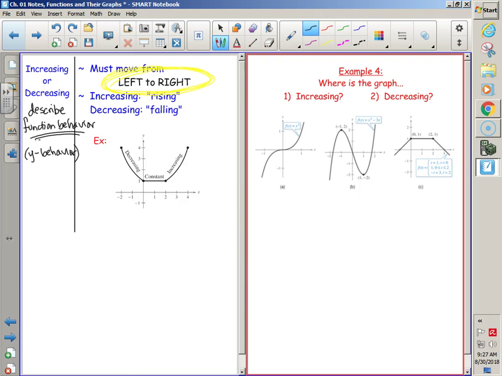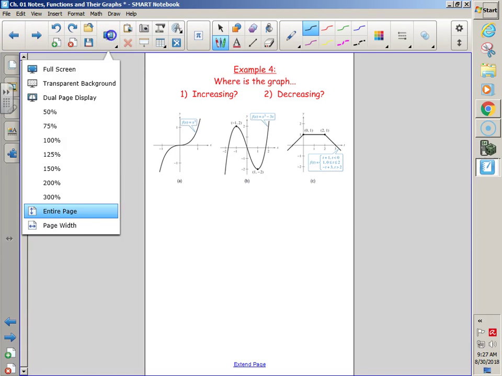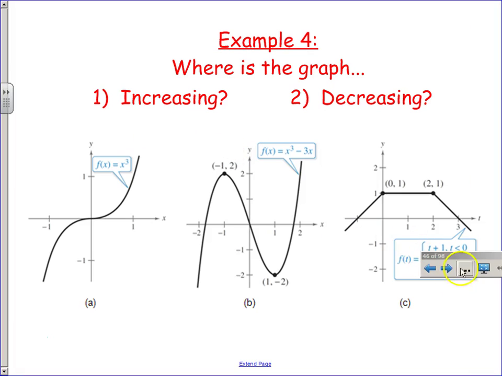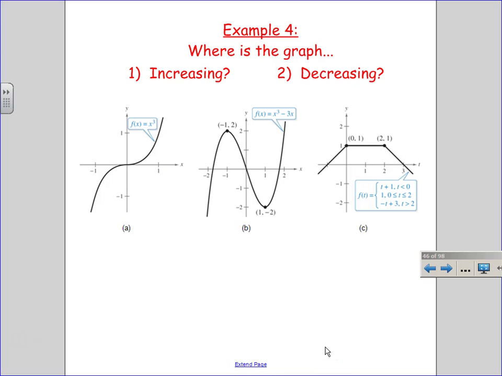So let me go ahead and zoom in on this example right here. Using interval notation, and specifically, just to help you guys out, if I were you, as you're writing down the example, summarizing the directions just like we do in homework, the where, what I mean is the x intervals.